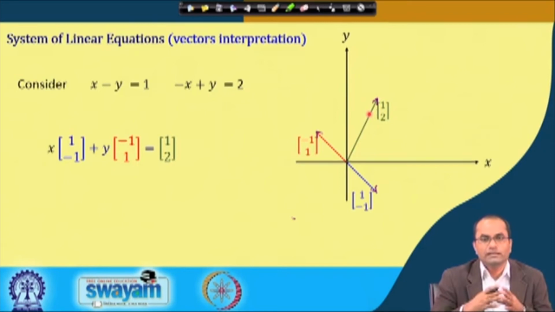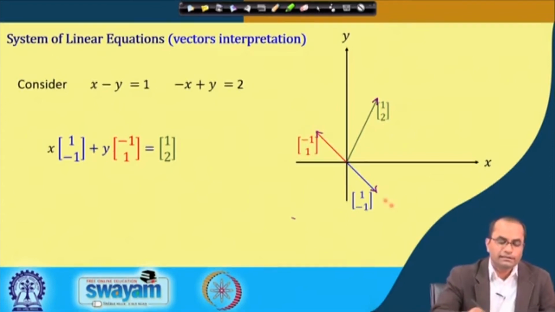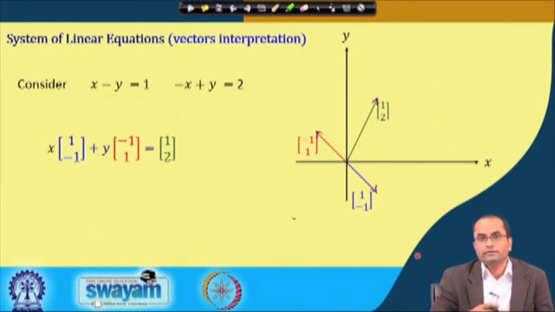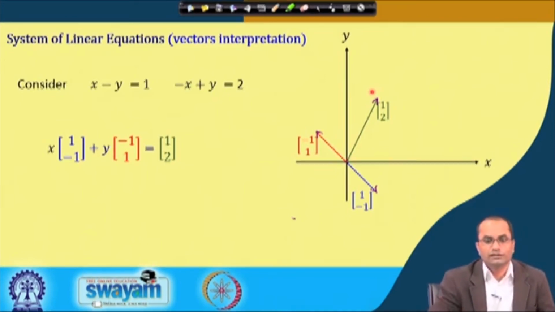Which is clearly visible here, that this is not possible, because these two vectors are parallel. So, we can get anything parallel to these two vectors, but we cannot get, for instance, (1, 2), which is not parallel to the given vectors.